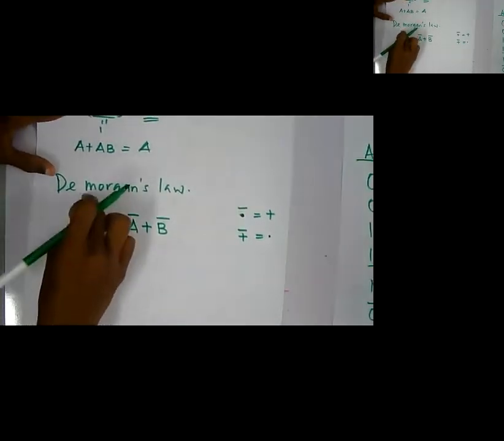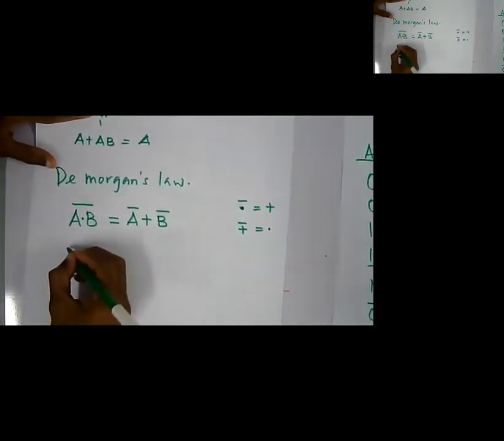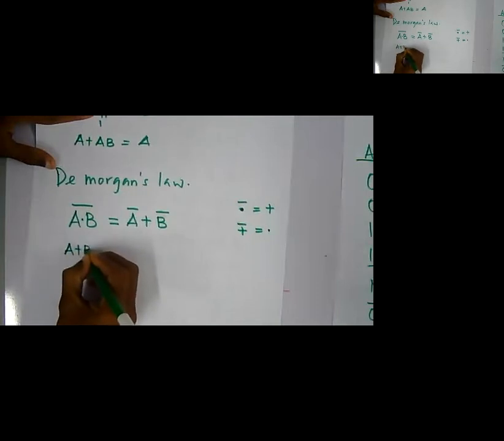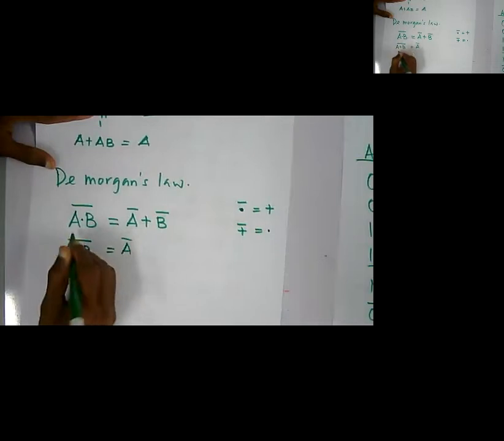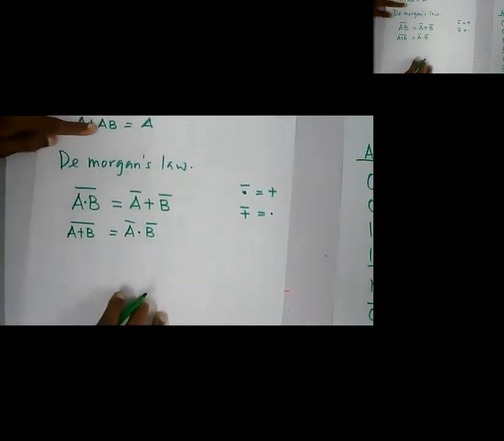What you have to do is you need to drop the bar to each element in the equation. For example, if it is A plus B bar, then I can write it as first A bar, and then plus becomes dot, and then B bar. Clear.